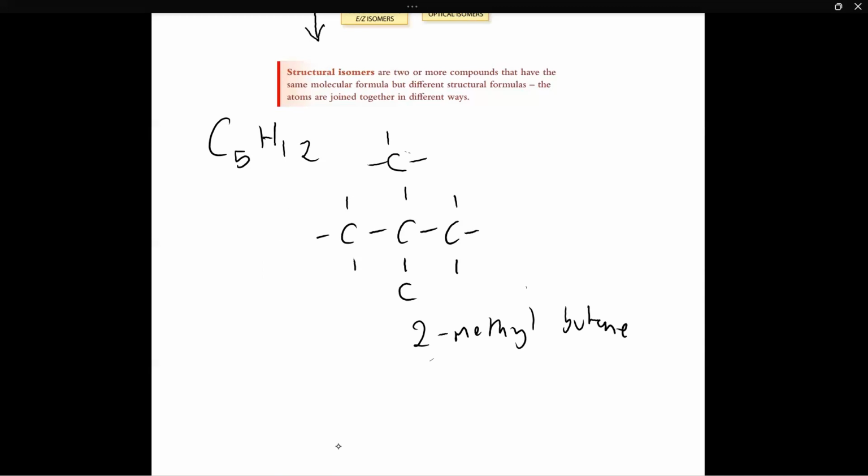So I'm going to place it on this. And the hydrogen which was attached to this carbon earlier will be present over here now. Now this is again a totally different molecule. This is 2,2-dimethyl propane.